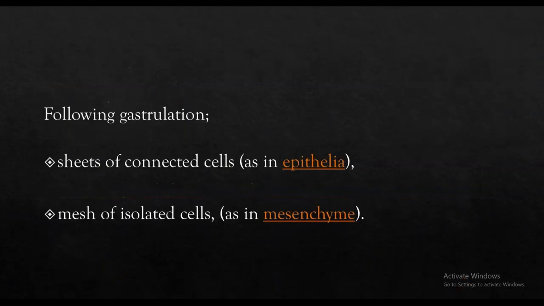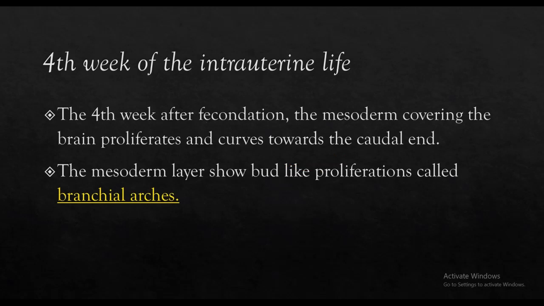Following gastrulation, cells in the body are either organized into sheets of connected cells as in epithelia, or as a mesh of isolated cells such as mesenchyme. In the fourth week after fecundation, the mesoderm covering the brain proliferates and curves towards the caudal end.